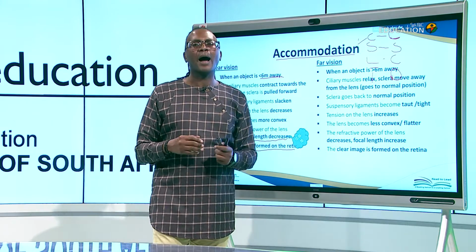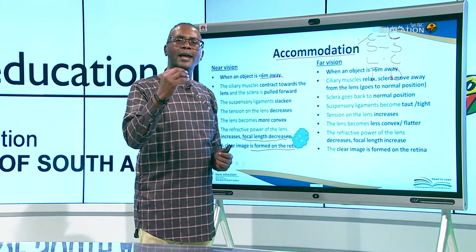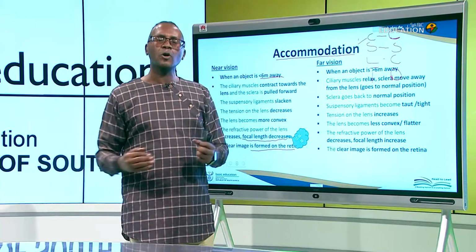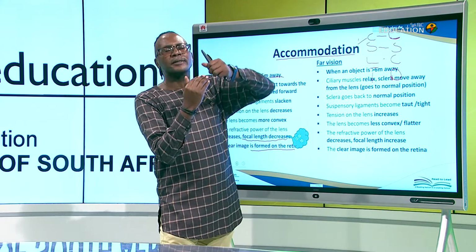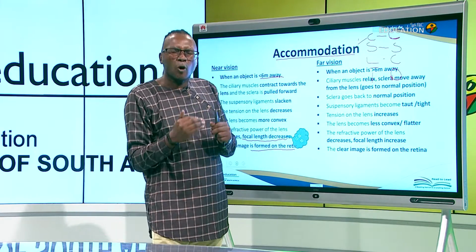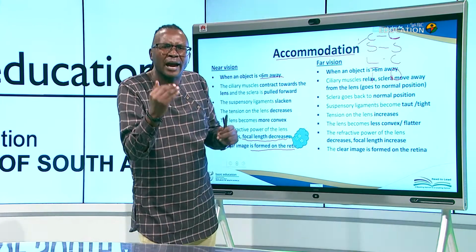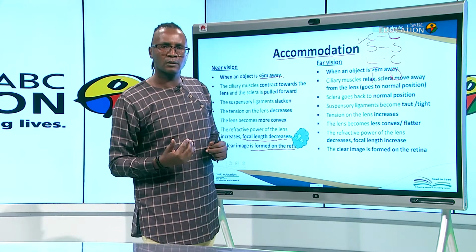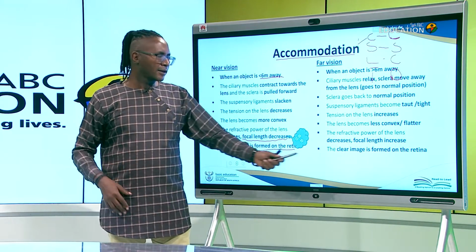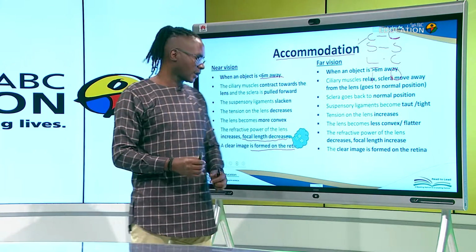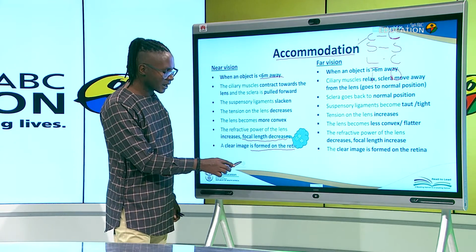And the refractive power decreases, the focal length increases, because now the image is far. So it seems like you're squinting your eye to perceive the object. Then the image will land on the retina.